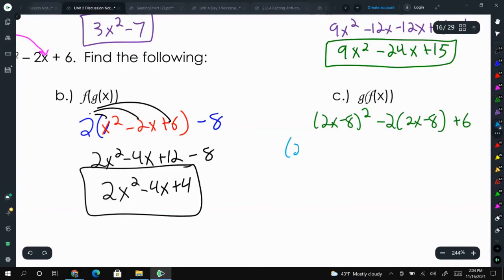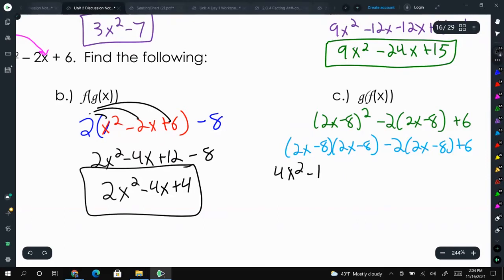We're going to have to multiply this out. When we distribute here, we're going to get 4x squared, or for that FOIL, minus 16x minus 16x plus 64.